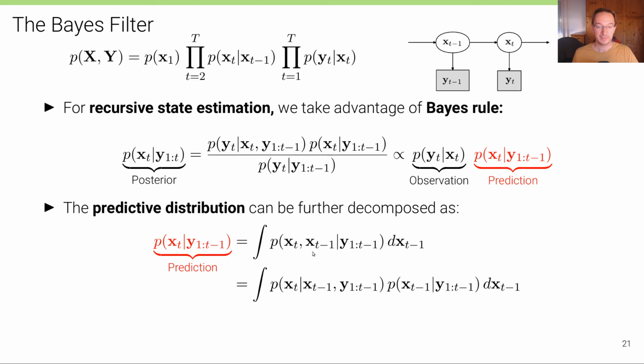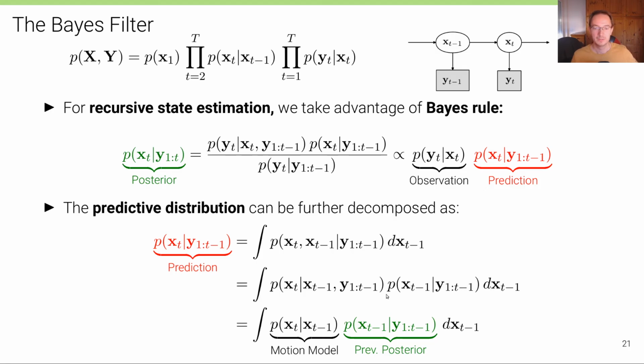Now we can apply the product rule again. So we apply the product rule to factorize this distribution into p of xt given xt minus 1 and y1 to t minus 1 times p of xt minus 1 given y1 to t minus 1. And now again, we can make use of the Markov property.